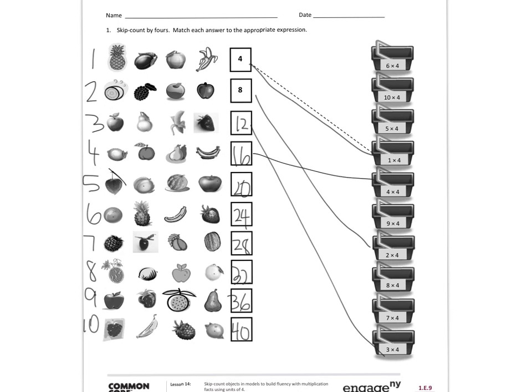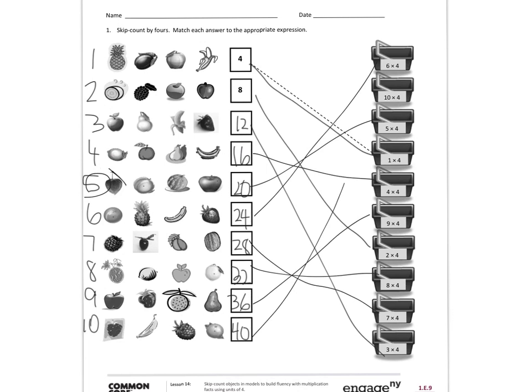There, that looks better. My next one is 5 times 4. 6 times 4. 7 times 4. 8 times 4. 9 times 4, and 10 times 4.